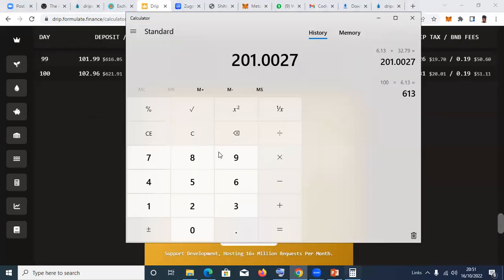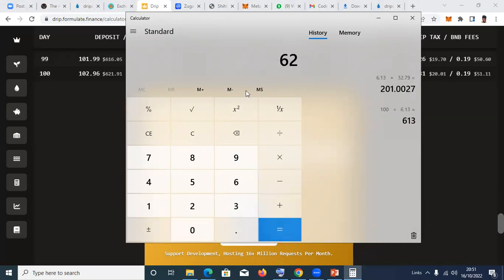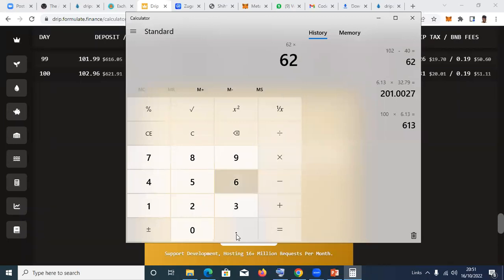So if we say 102 minus 40 drips, what do you have? You have made an extra 62 drips in exactly 100 days. Multiply that by 6.13. That is giving you about $380 in 100 days.